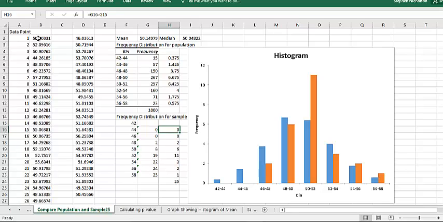So what I'm going to do is every time I push F9, I'm going to collect another 25 random samples, and it's going to show you how much the sample distribution varies from one sample to another. Oh, okay, why isn't it doing anything? Let's go up to here, data.